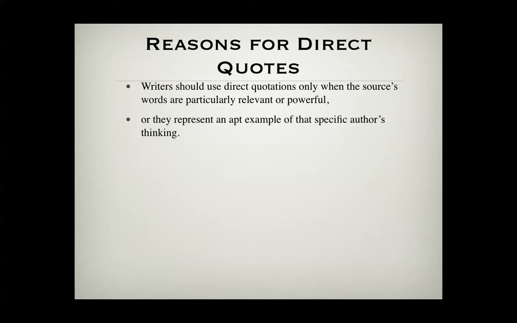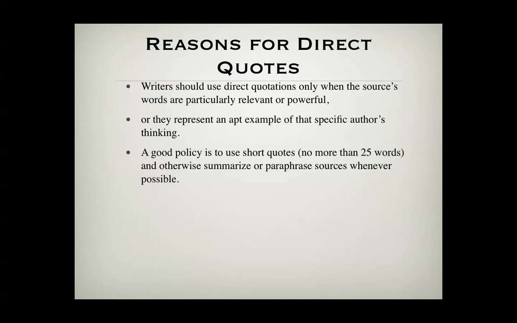Use a direct quote if they represent an apt example of that specific author's thinking. Again, an example that you couldn't replicate on your own. A good policy is to use short quotes, no more than 25 words, and otherwise summarize or paraphrase sources whenever possible. When summarizing, be sure to represent the author accurately and fairly.